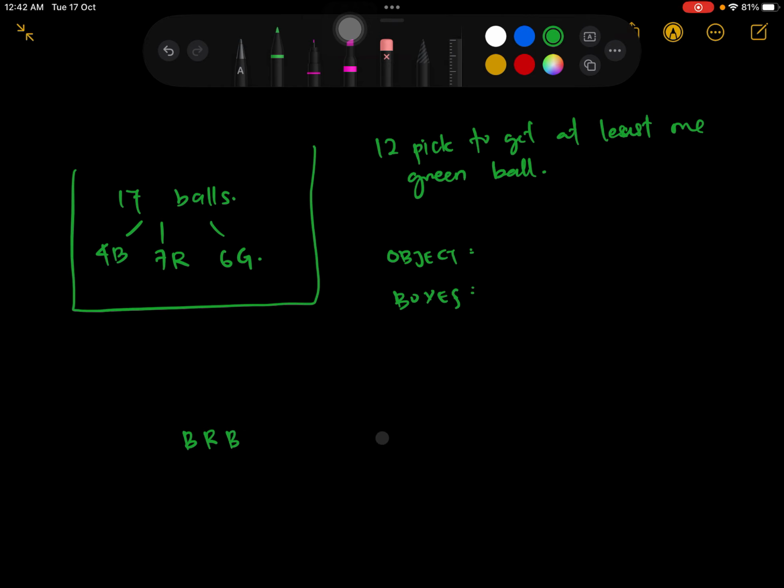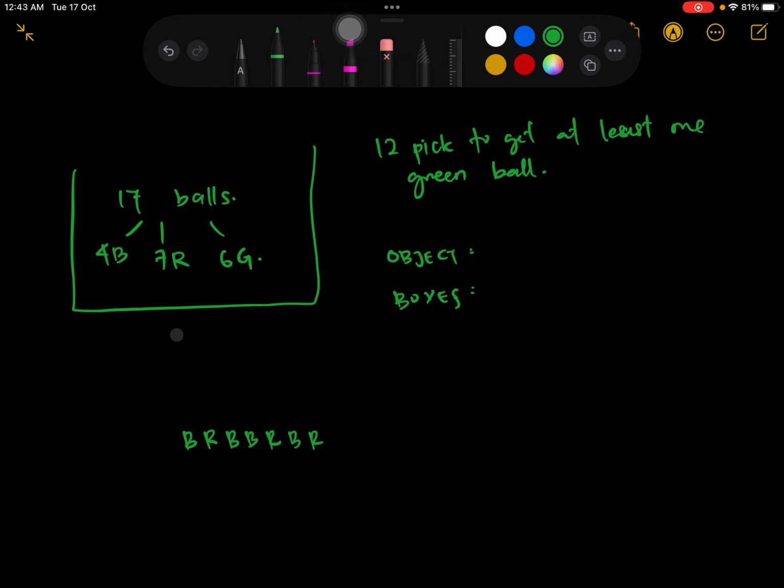Jom kita gambarkan the worst case scenario. Worst case ni maksudnya you pilih tak dapat juga green. Tak dapat. Okay, you pilih lagi, you dapat blue lagi. Lepas tu you pilih lagi, you dapat red lagi. Boleh. You pilih lagi, you dapat blue. Lepas tu you pilih lagi, you dapat red lagi. Tak keluar lagi green ball ni.